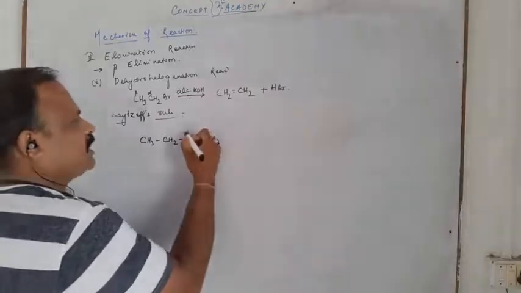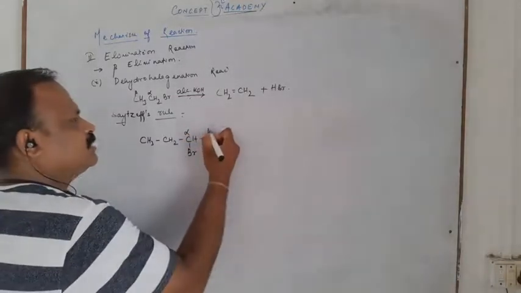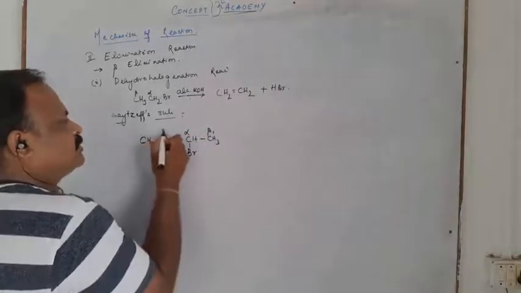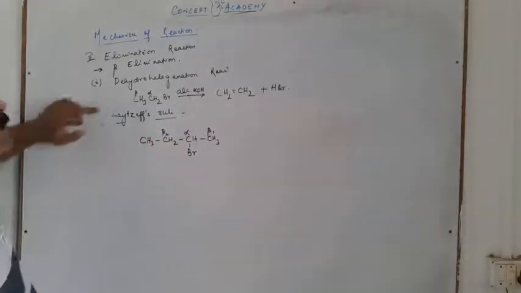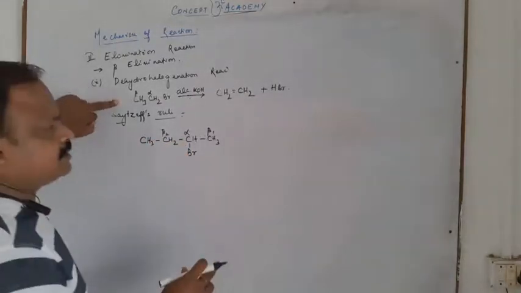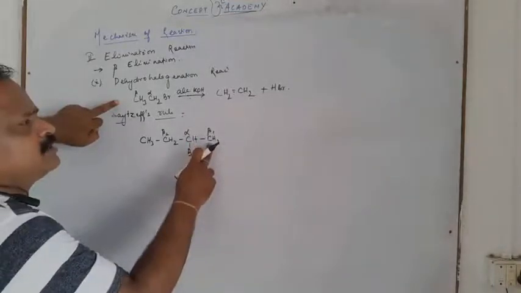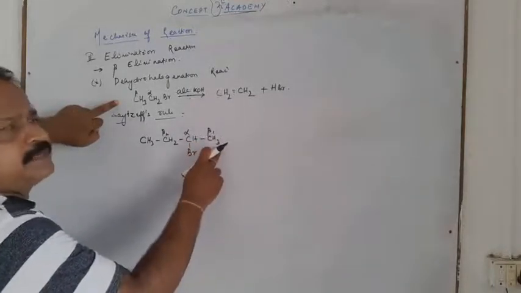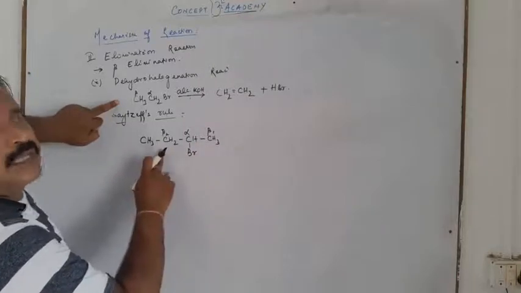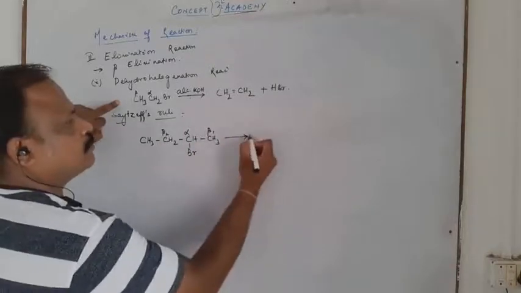This one is alpha 1, this one is beta 1 and this one is beta 2. So according to dehydrohalogenation, the hydrogen can be removed from this beta or this beta. Let us take it forms two compounds.